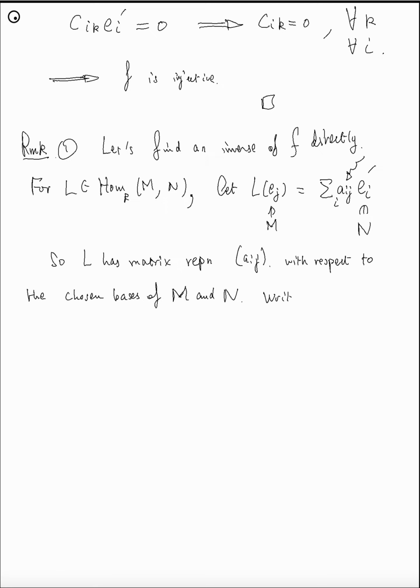Now we write L equals the image under F of some element. So to construct the inverse is just to decide the c_ij using L, right? So to be determined.